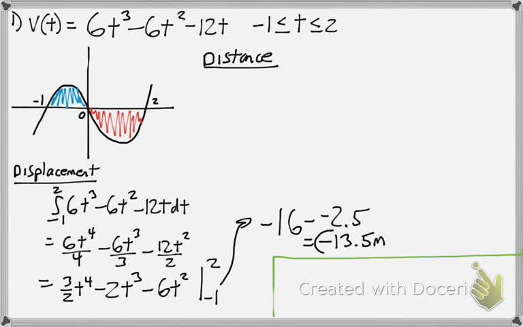So it is okay for the displacement to be negative. It just means that it's in the negative direction of the start point. So whatever that negative is being considered, whether it's down or left or whatever they choose to define it as, you can have negative displacement. So this was the integral by default.